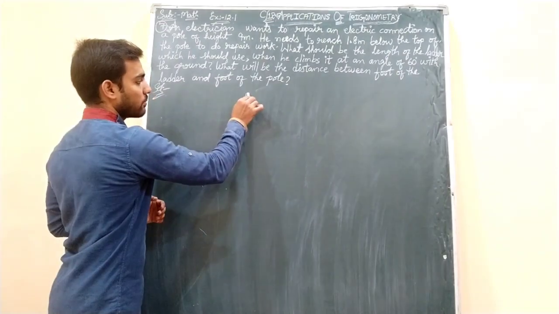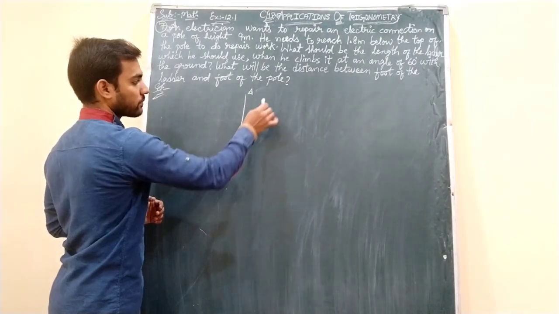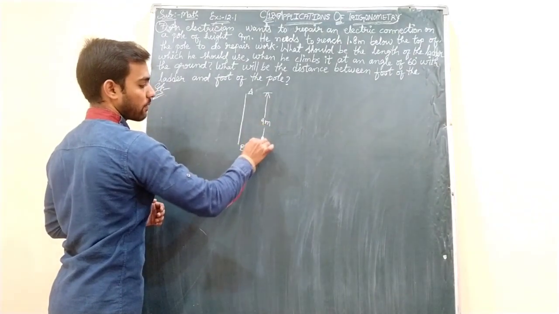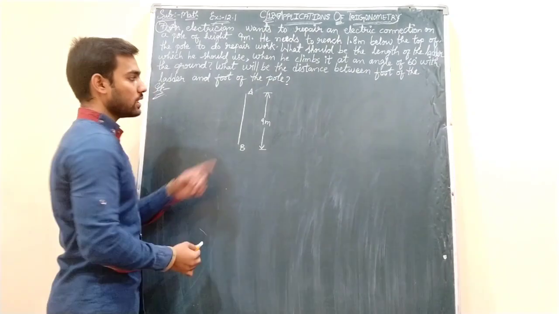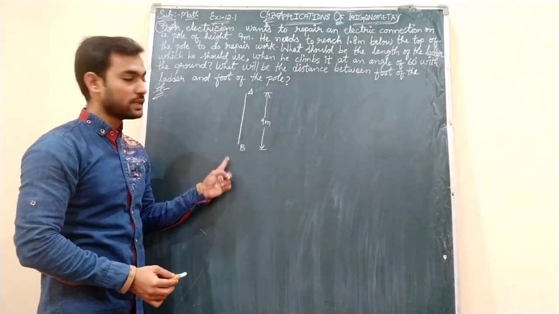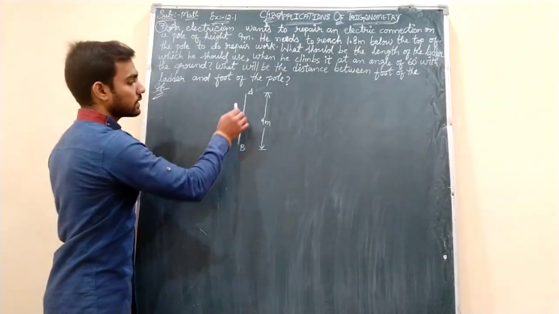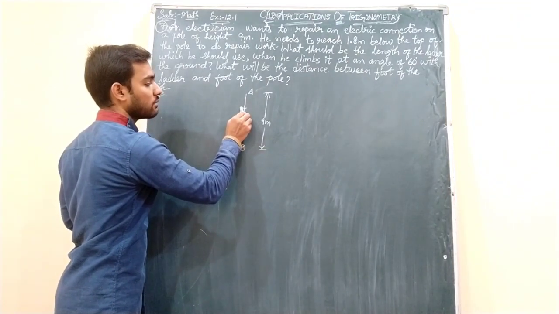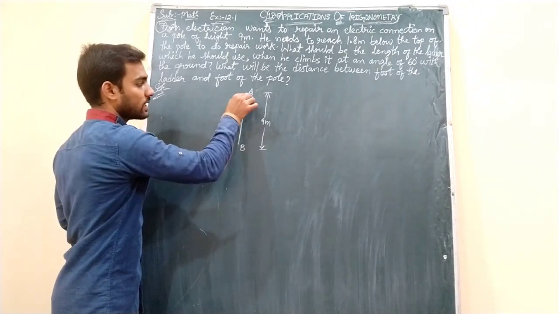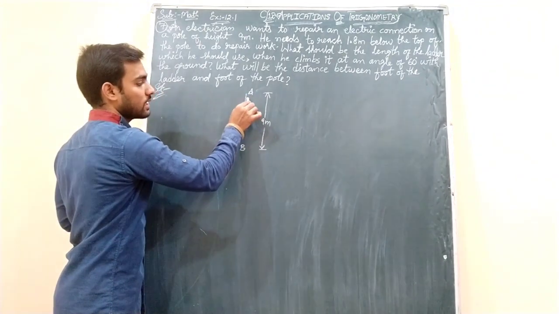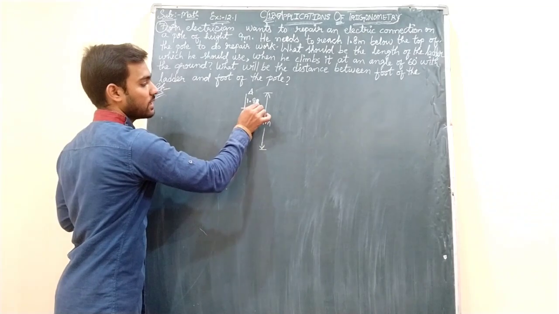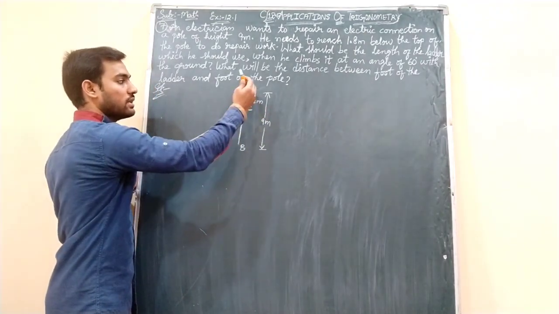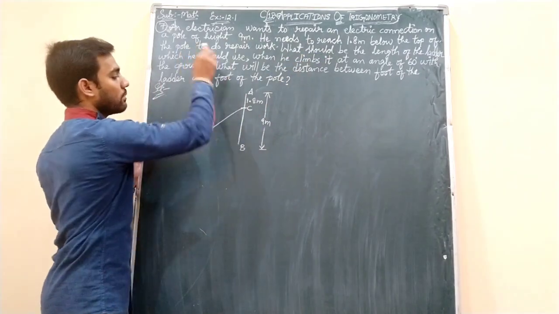This is the pole AB whose height is how much? 9 meters. Okay, from top to foot completely it is 9 meter. But the ladder has been set up at 1.8 meter below the top of the pole. Let us take this as C. This distance is 1.8 meters because the ladder is at 1.8 meter below the top of the pole.